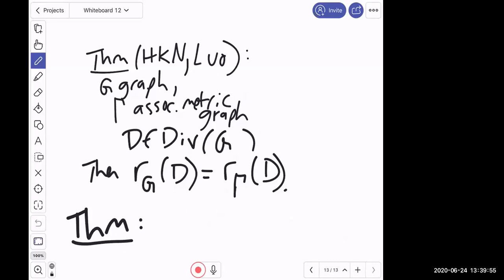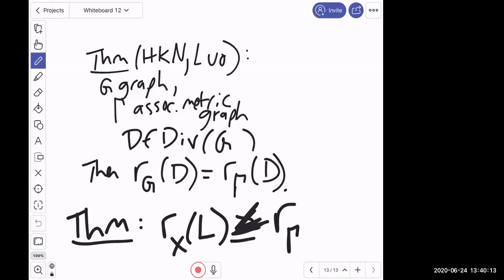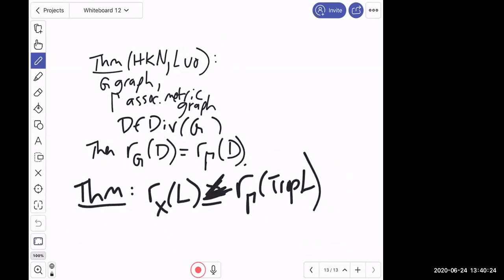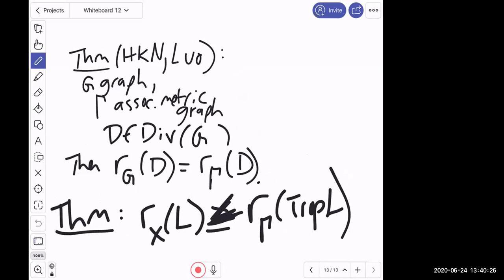Let me just say that r_X of L is less than or equal to r_Γ of trop L, where we compute everything in terms of metric graphs now. So again, it just says that it behaves like the case we discussed last time in more detail.